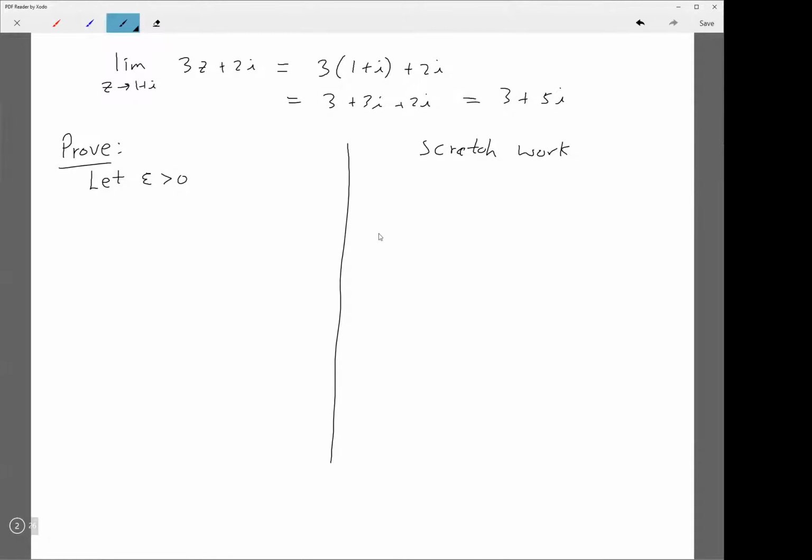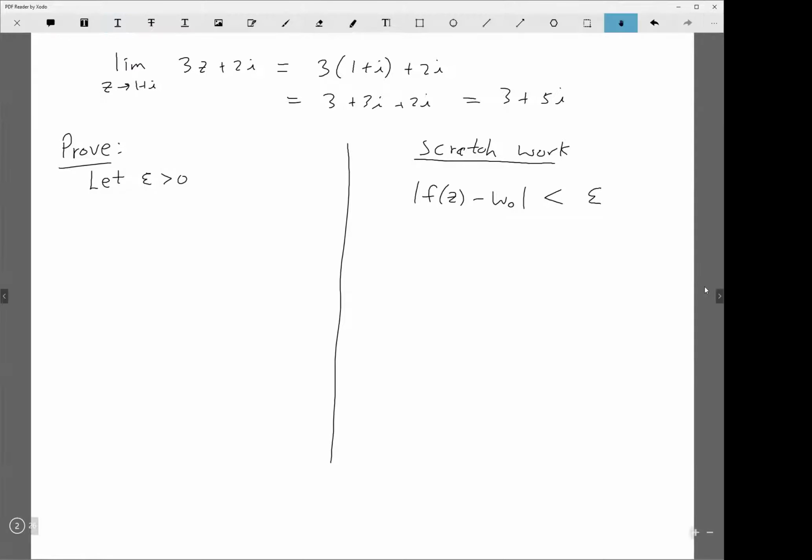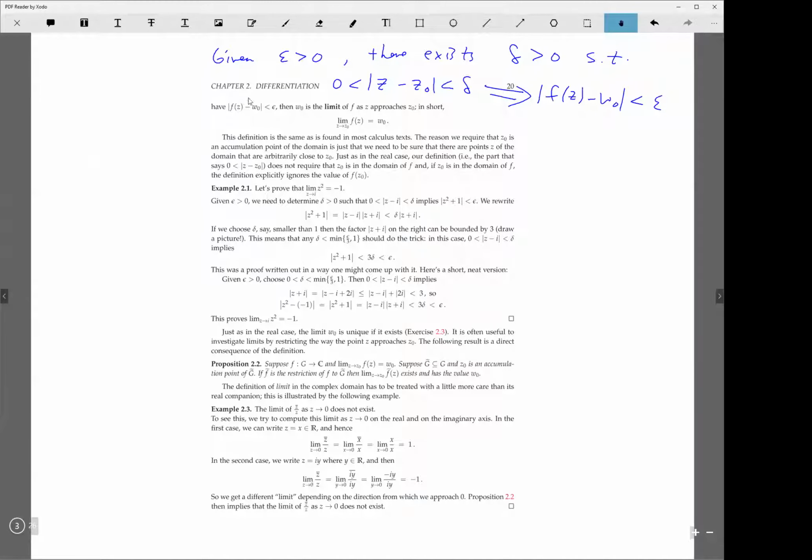Because you have to work backwards, you can put the backwards part here. You're trying to get a value of delta so that this forces that to happen. That's the idea.